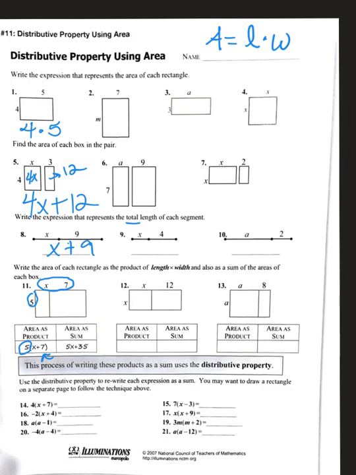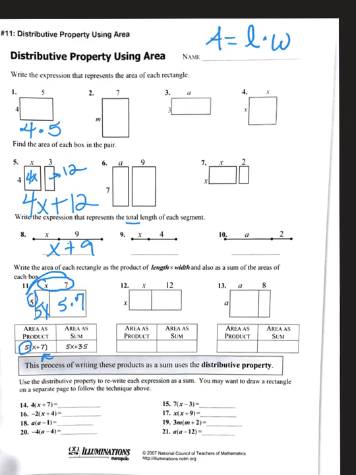Okay, so let's do this. The first part of that area is 5x, 5 times x, right? Because you would do 5 times x. And then the next one would be 5 times 7. Because if it's 5 here, it's going to be 5 on this one as well. So 5 times 7 will be 35.